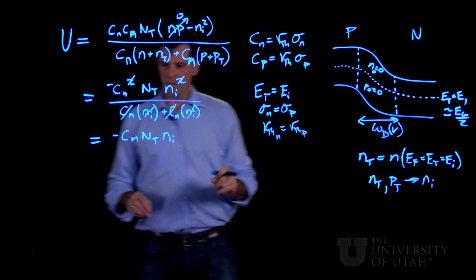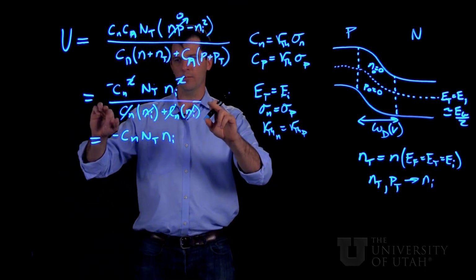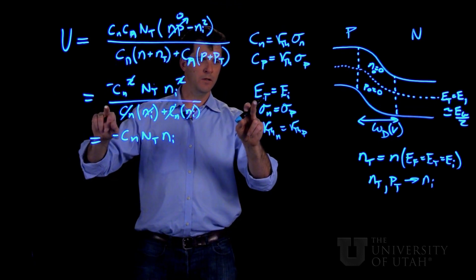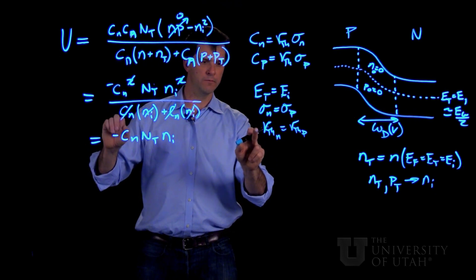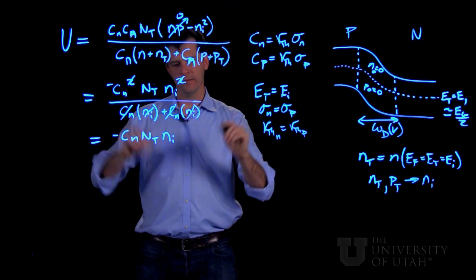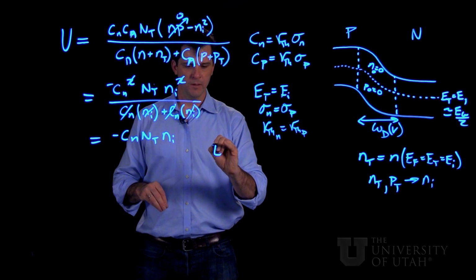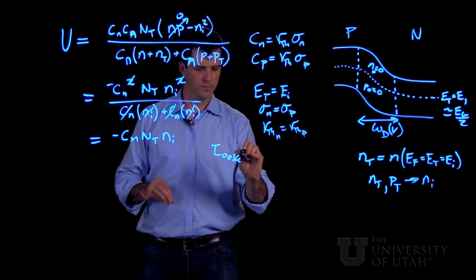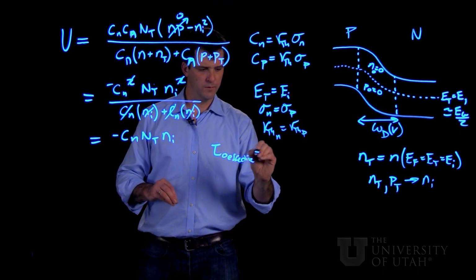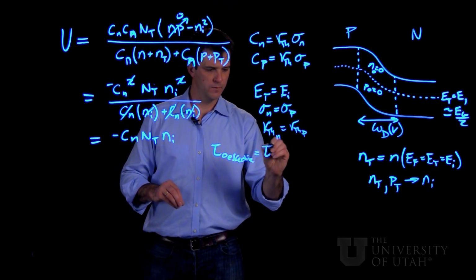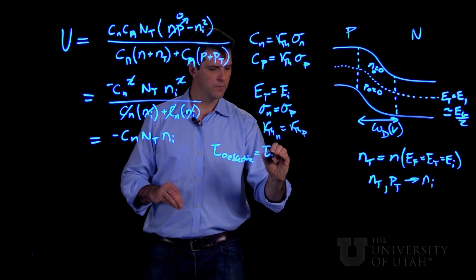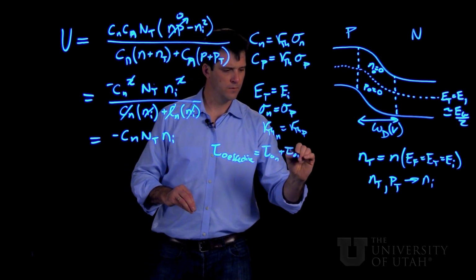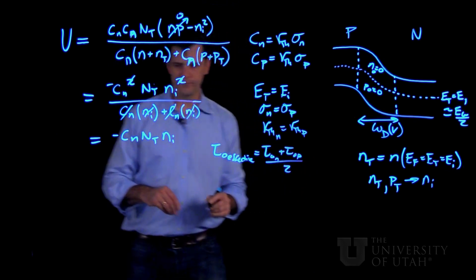Now, if we go back one step and break this assumption a little bit, that the sigmas and thermal velocities are the same, we could modify this and end up defining a tau naught effective equal to tau naught n plus tau naught p over 2.